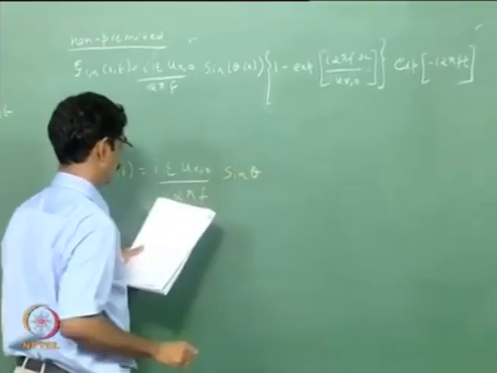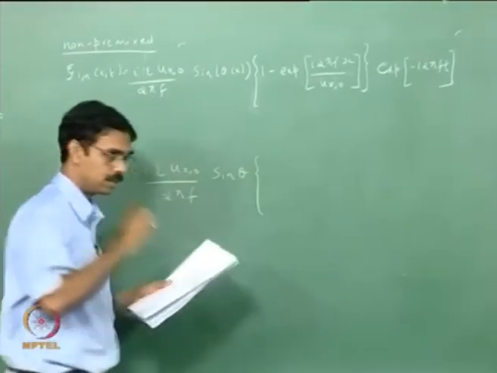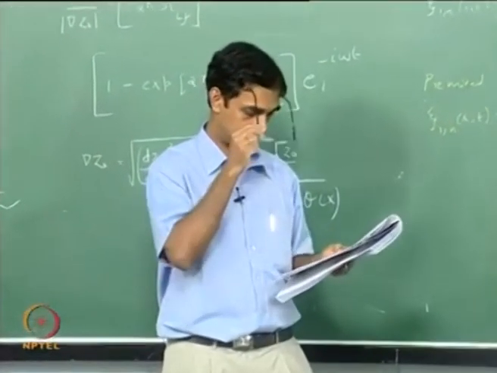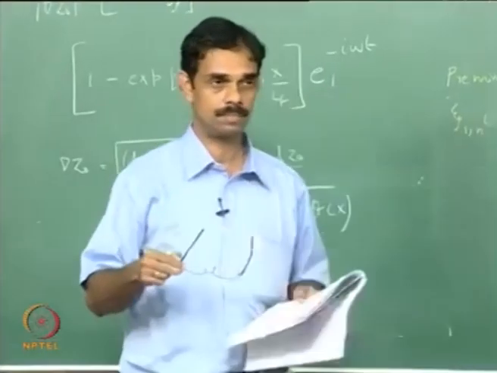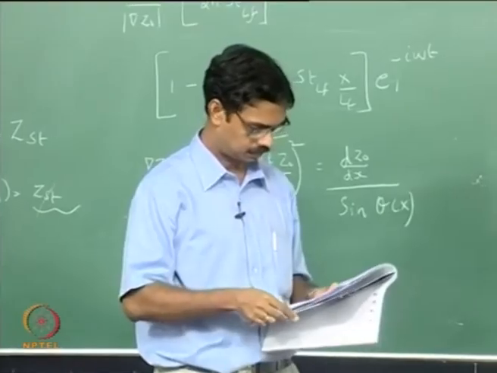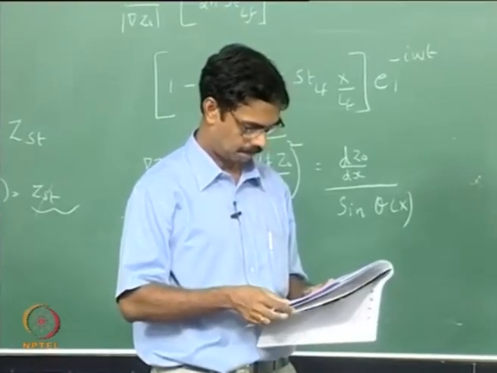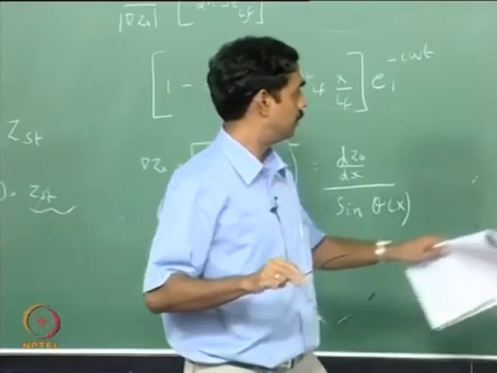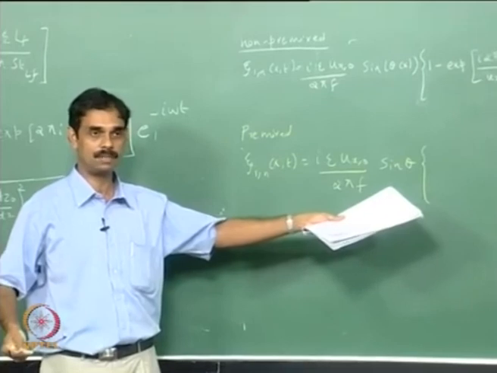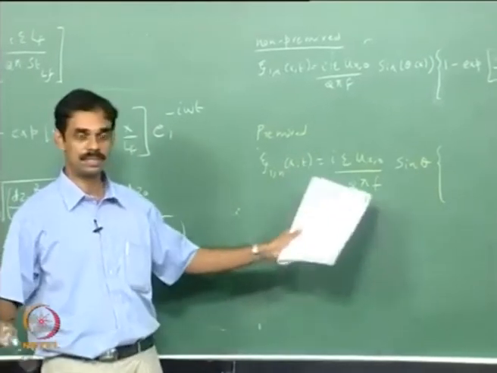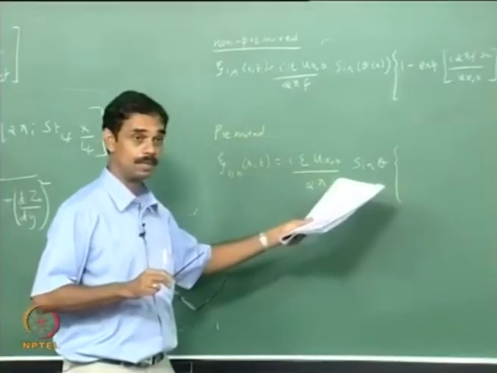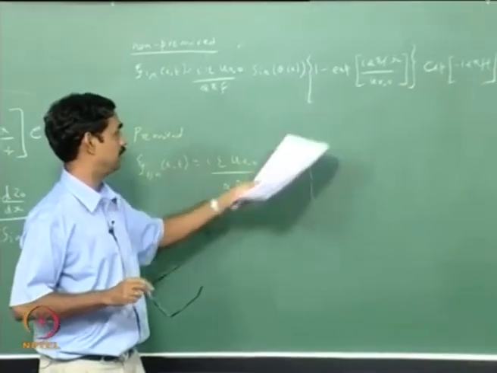Now the flame angle is constant as long as you have a uniform velocity profile, unless you have convective... sorry. Now if theta has to vary, either the flow speed has to vary with space or the flame speed has to vary with space. If those things are not happening, as we had assumed in our earlier derivation, then theta should be a constant. That is why I emphasize theta of x here, whereas this is just theta.